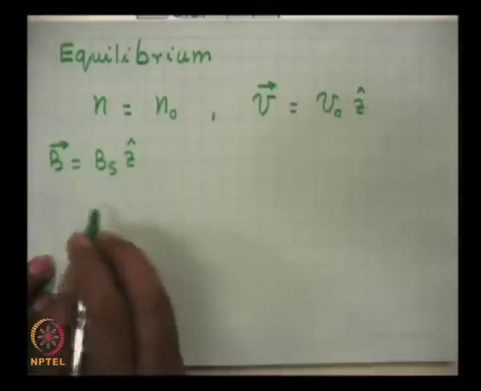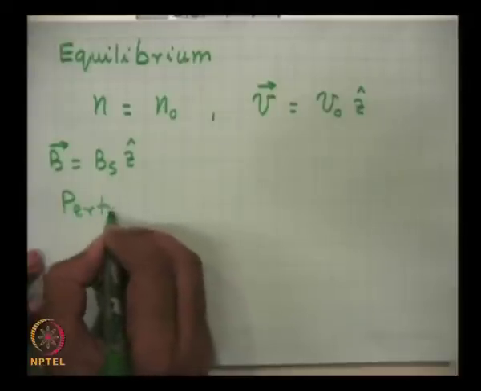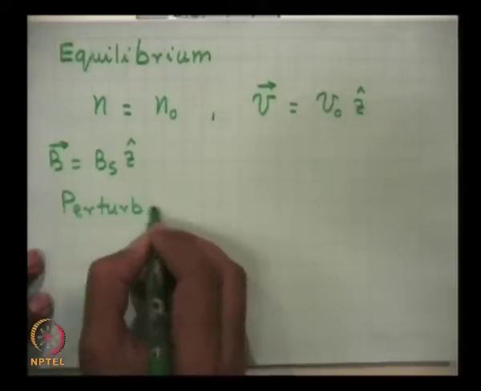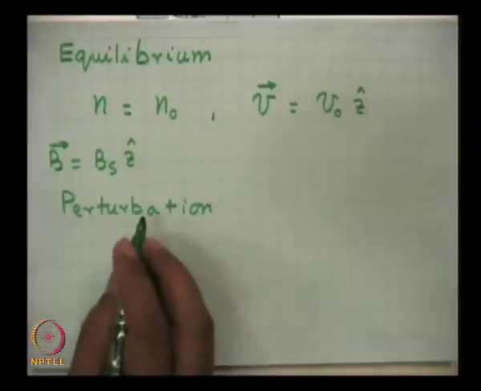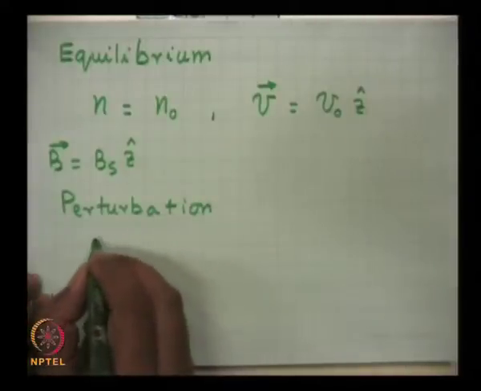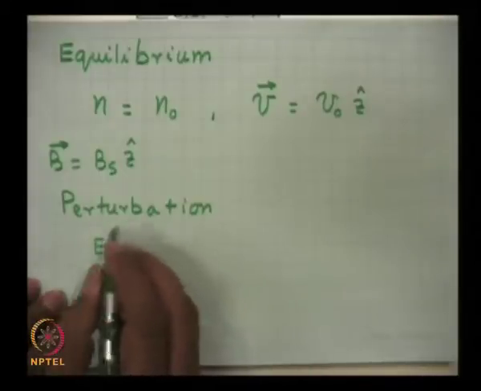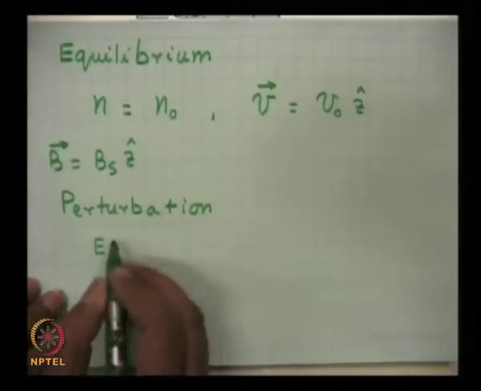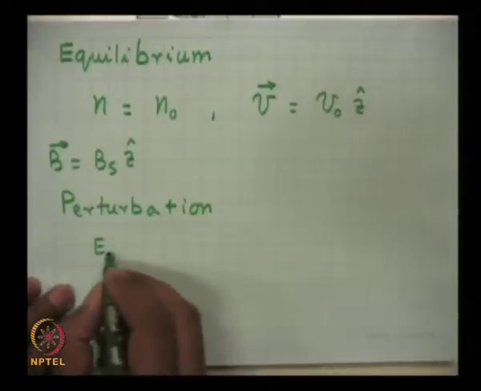Now I perturb the equilibrium. So, perturbation I will write: electric field of the wave certainly will have many components E_r, E_z, E_phi, but they are all expressible in terms of the longitudinal components.